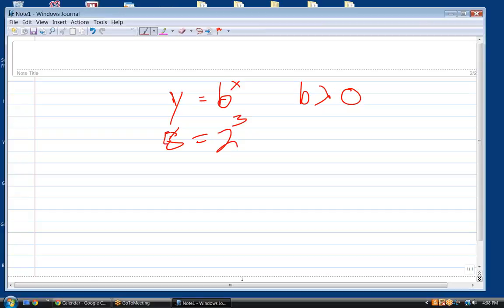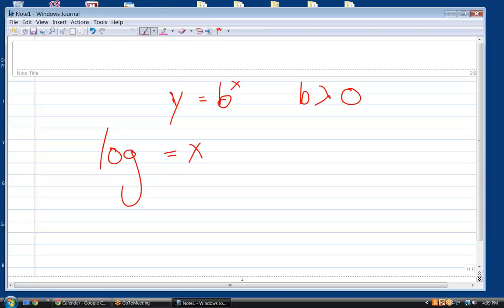That's the exponential expression. The important thing to remember about logarithms is that logs are exponents. So if I want to write the equivalent expression as a logarithmic expression, the first thing I know for sure is that log equals x, because logs are exponents.